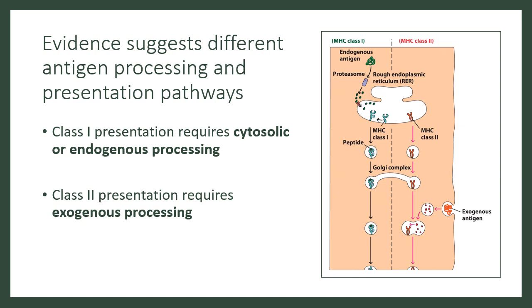Class 1 presentation requires what's called cytosolic or endogenous processing, and that's the pathway on the left over here. You have a protein from within the cell, just floating around in your cytoplasm. Those get degraded by proteasomes. Hopefully you remember a little bit about that from intro biology. I don't spend any time talking about it in cell bio, so here we go.